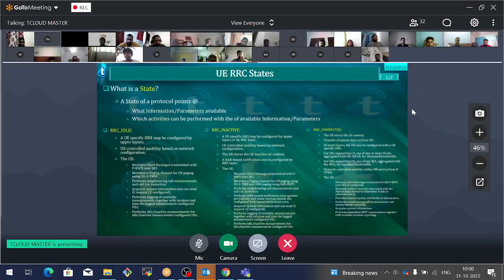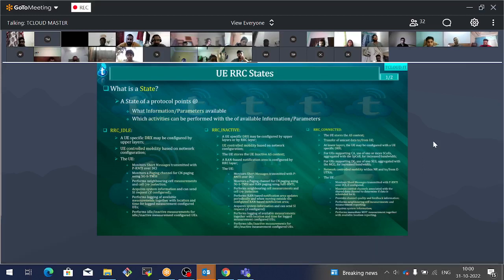Typically, this logic is the same when you study the states associated with any protocols. Doesn't matter what those protocols are. Because we are right now studying RRC, this is true even in RRC as well.